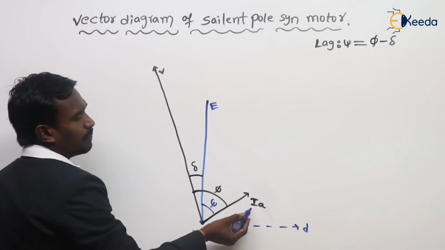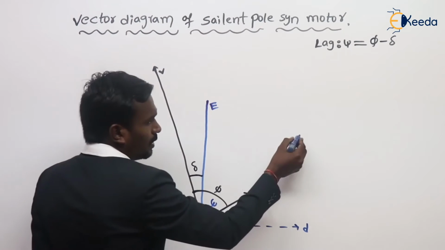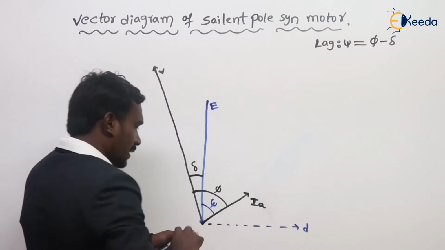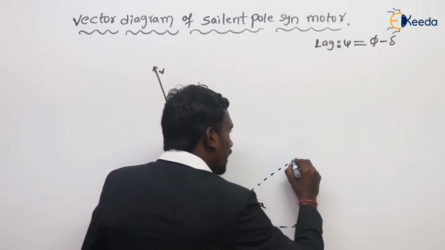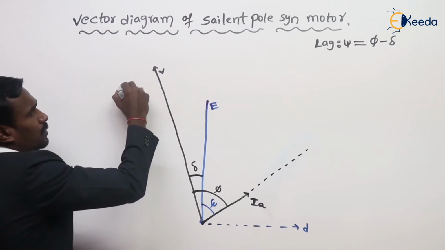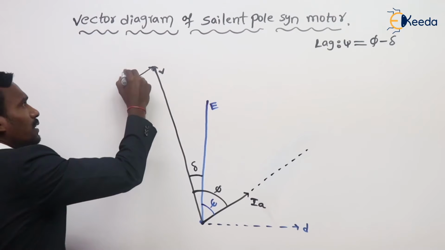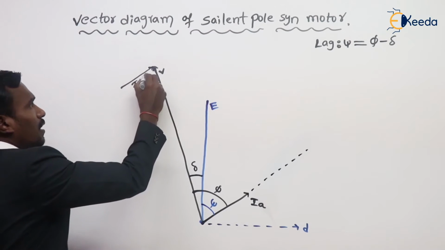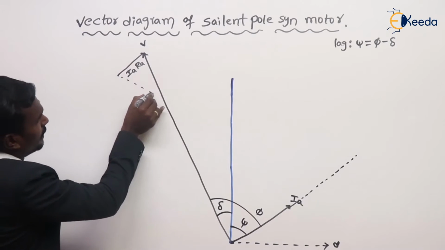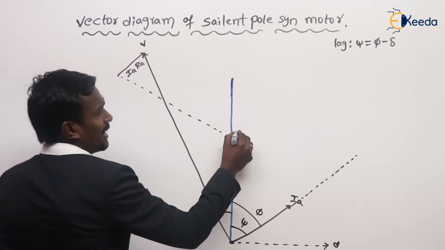Let's draw the IA RA drop. The IA RA drop is parallel to IA. For example, this is my IA, and this is my IA RA drop. Perpendicular to this IA RA is E dash.